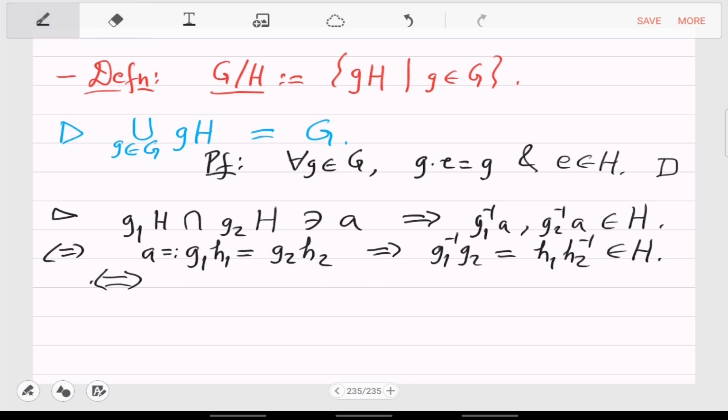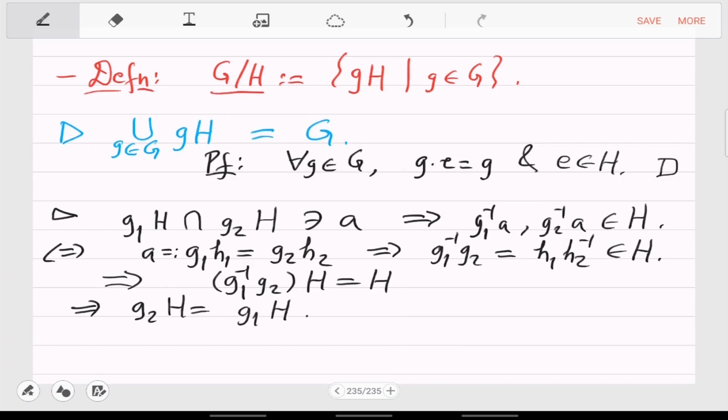So what I can write is G1 inverse G2, since it is in H, you know that this times H is H, right? And now you multiply both sides by G1, what you get is G2H is equal to G1H.